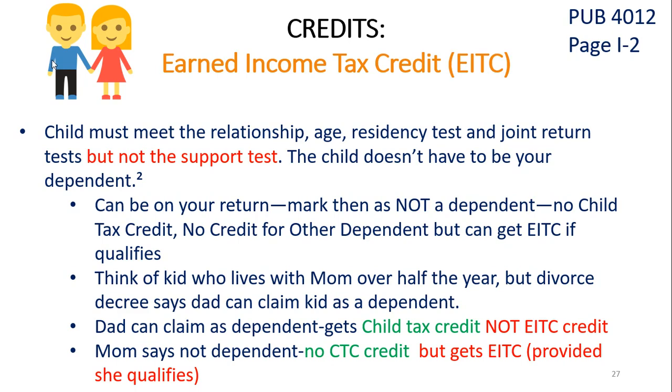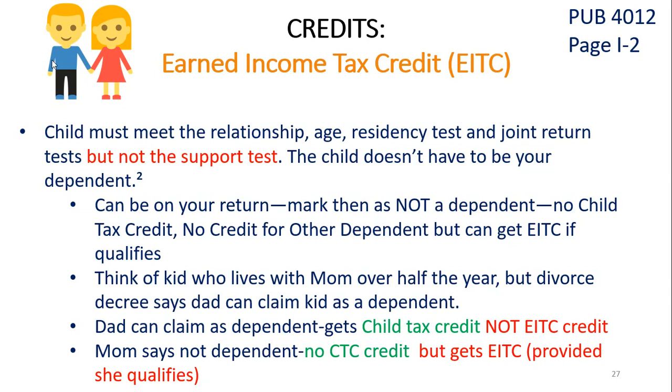So for earned income tax credit, if the child lives with mom, dad can't get that credit for that child. So he would do his return, he would list the child on the return, but he has to check the box does not qualify for the earned income tax credit.